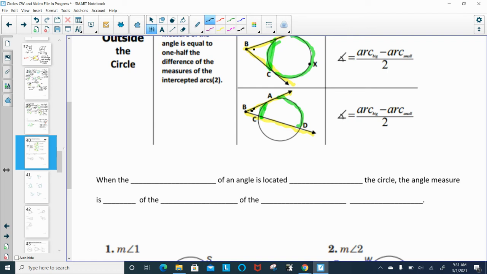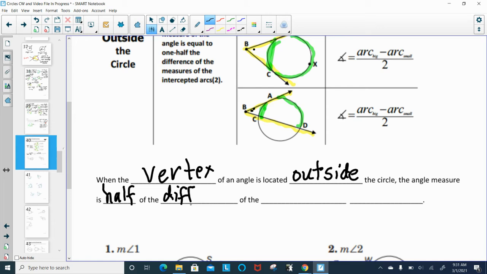So just filling in the notes here, when the vertex of an angle is located outside the circle, the angle measure is half of the difference, meaning subtract, of the intercepted arcs.